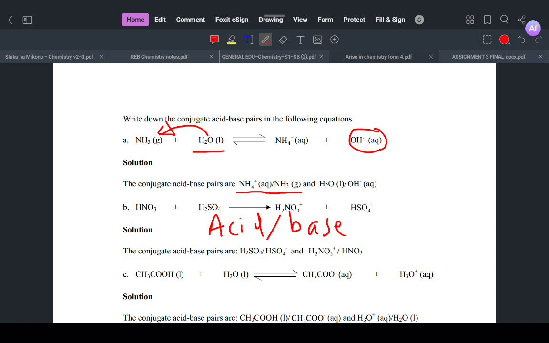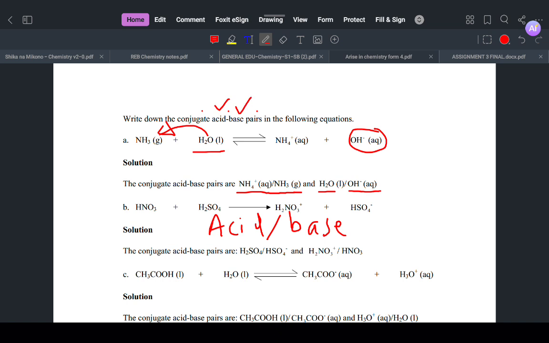So in this case, the water is behaving like an acid, and therefore what remains of it is a base, in this case the conjugate base. Remember, we are writing conjugate acid-base pairs, meaning you start with acid, then base. All right, take note of that.